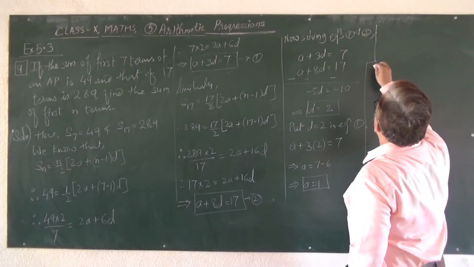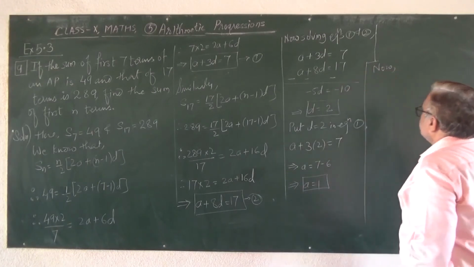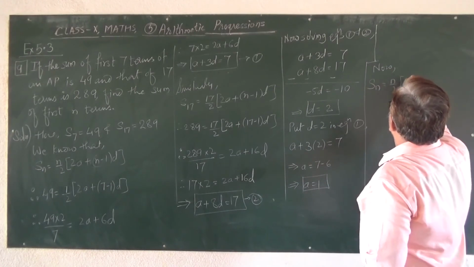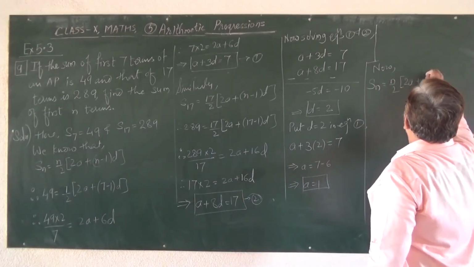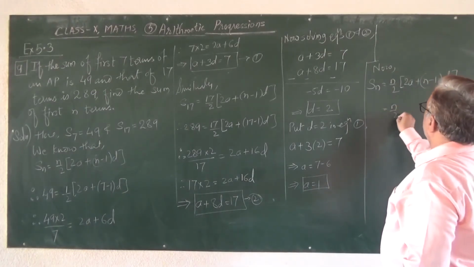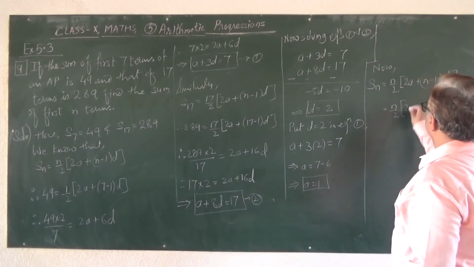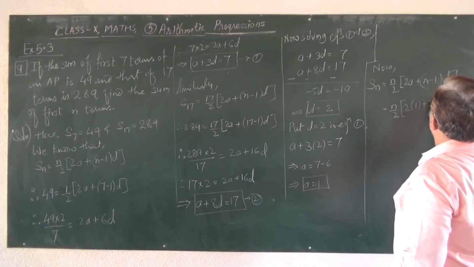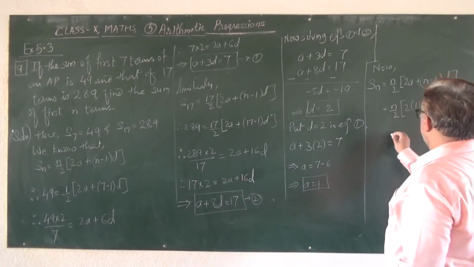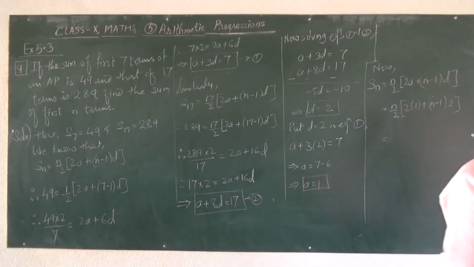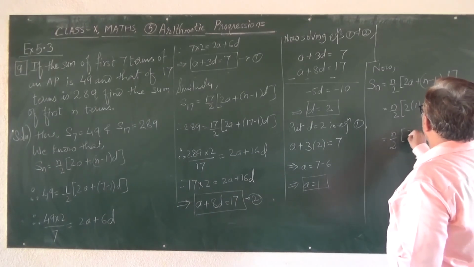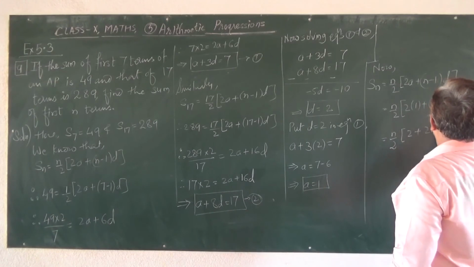Sn is equal to n by 2 into (2a plus (n minus 1) into d). So n by 2, the value of a is 1, so 2, plus (n minus 1) into the value of d, which is 2. How will you simplify? n by 2 multiplied by (2 plus 2n minus 2).